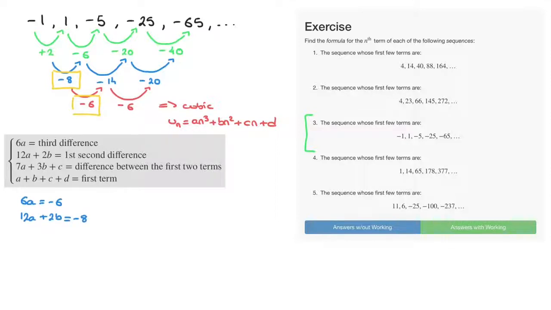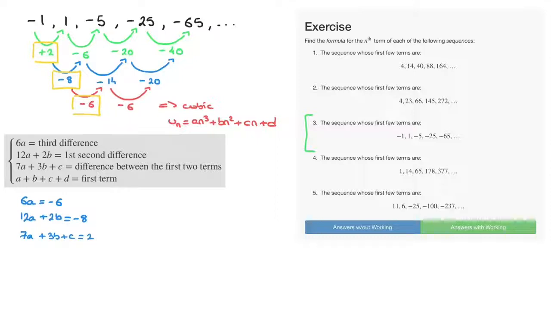We move on to the third equation, which is 7a plus 3b plus c equals the difference between the first 2 terms. Well, the difference between the first 2 terms here is this value, 2. So our third equation becomes 7a plus 3b plus c equals 2.